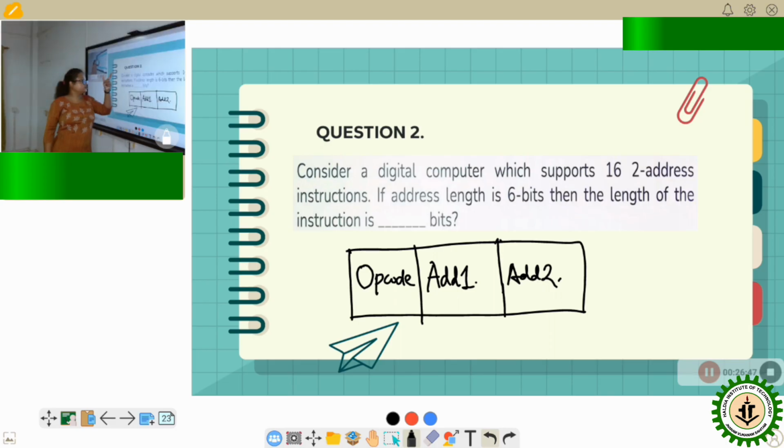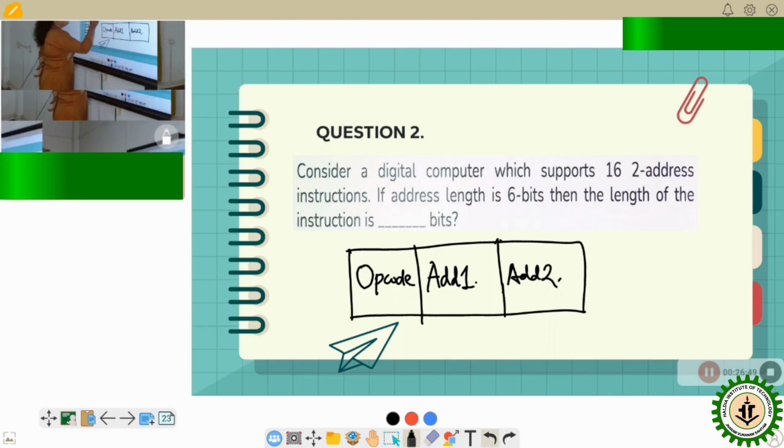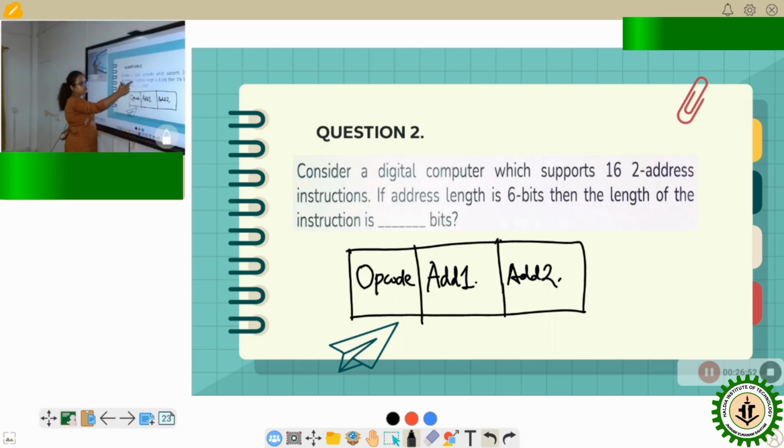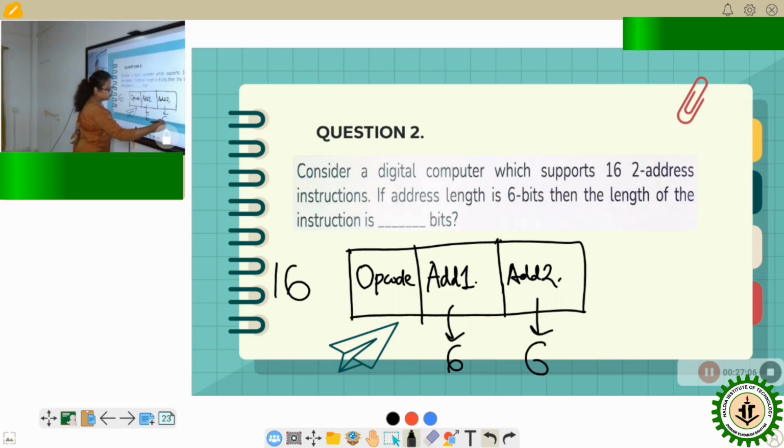And it supports 16 instructions, meaning the total number of instructions is 16. Then the address length is 6 bits.